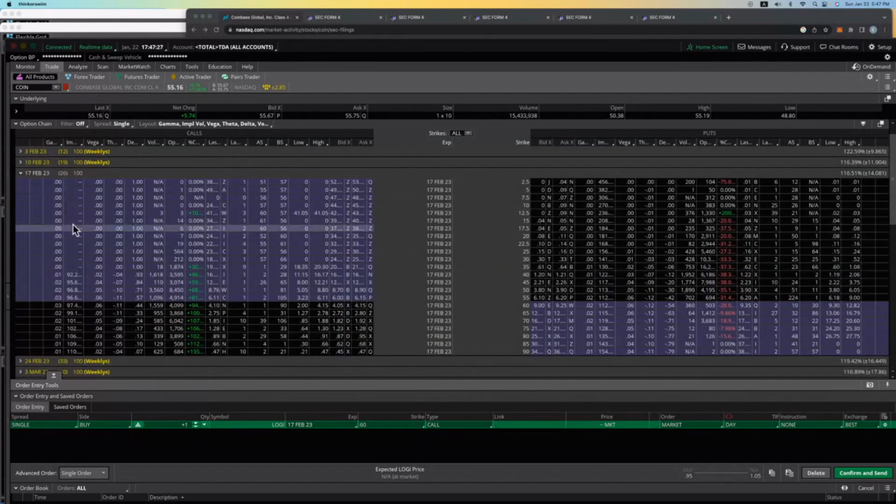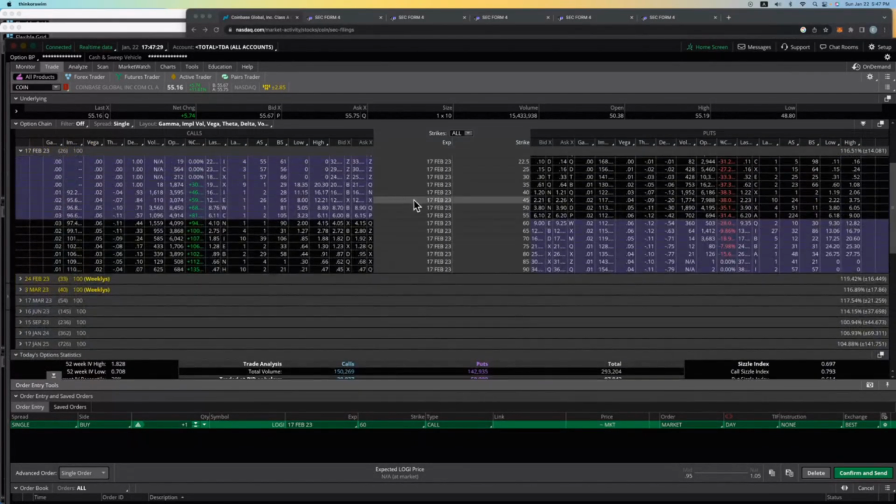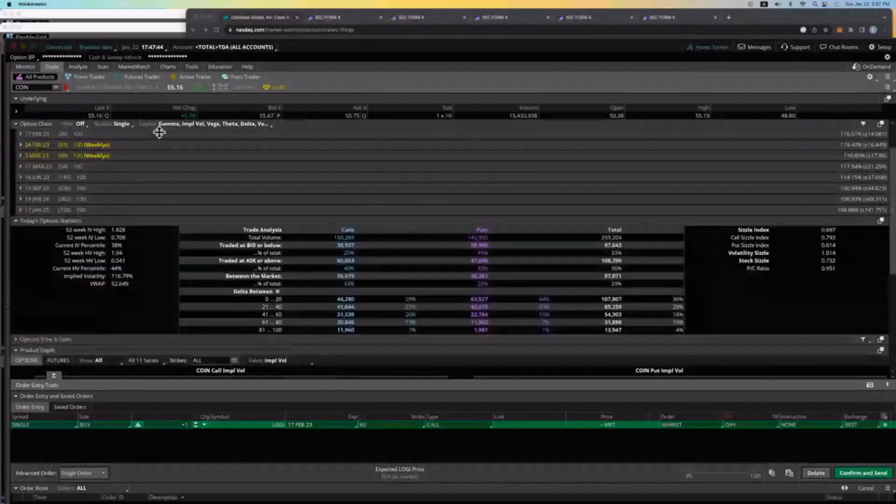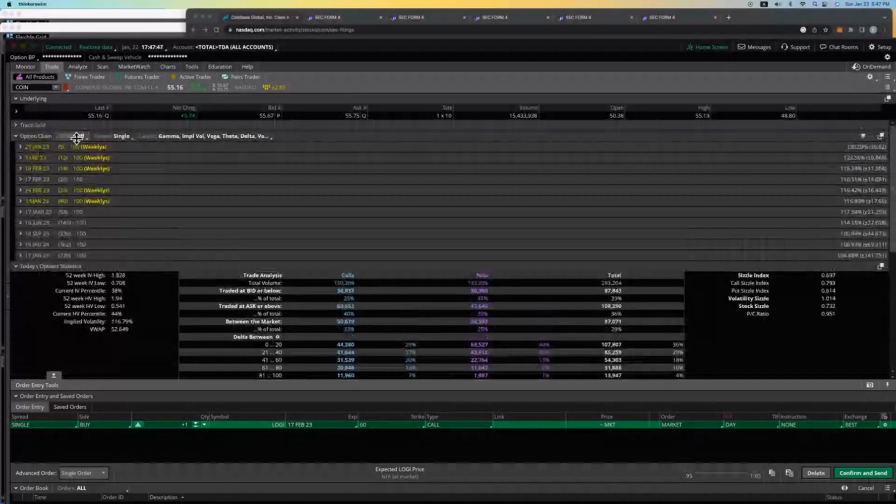Let's look at the monthly. The monthly is showing it's going to go about 14 points, so 14 points would be like 70. They're always going to have the most open interest at the expected move, like 7 points. So just know it can go to 60, it could go to 50, either way this week.